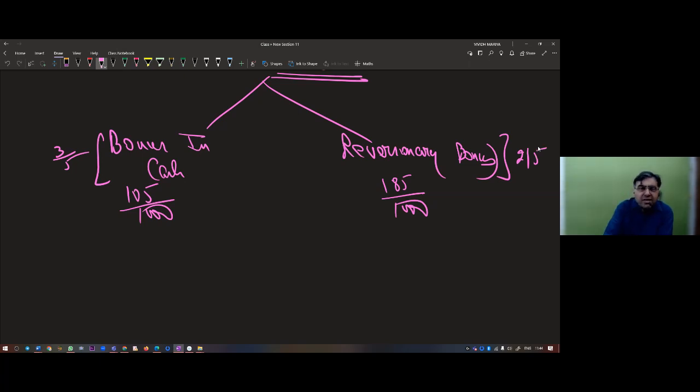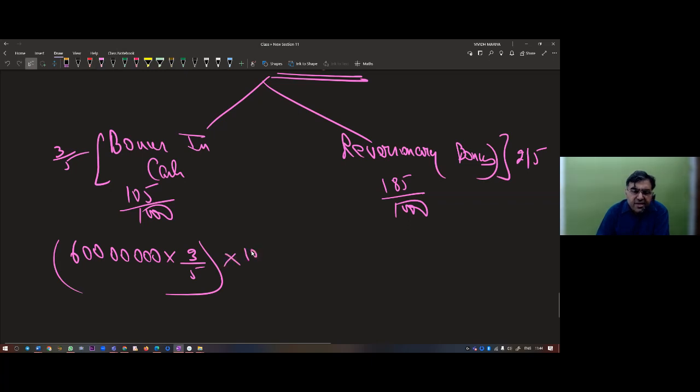Out of 600 lakhs, 3/5 agreed for this, and they will get 105 versus every 1000. So this is going to be bonus in cash. I will make the calculations easy for you. 600 into 3/5 into 105 divided by 1000 gives 37,80,000.